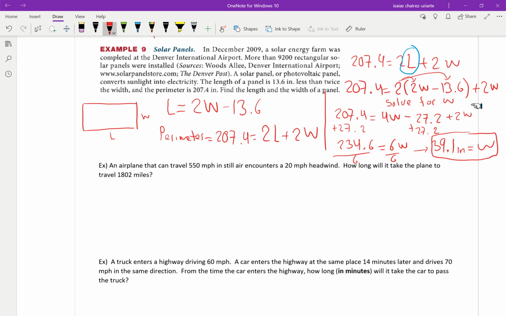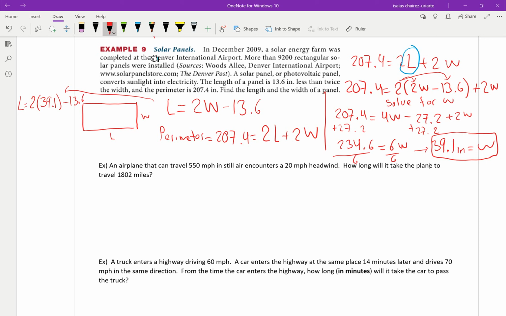To find the length, I could just use this top equation up here that says L equals 2W minus 13.6. I'll replace W with 39.1 now. So L is equal to 2 times 39.1 minus 13.6.